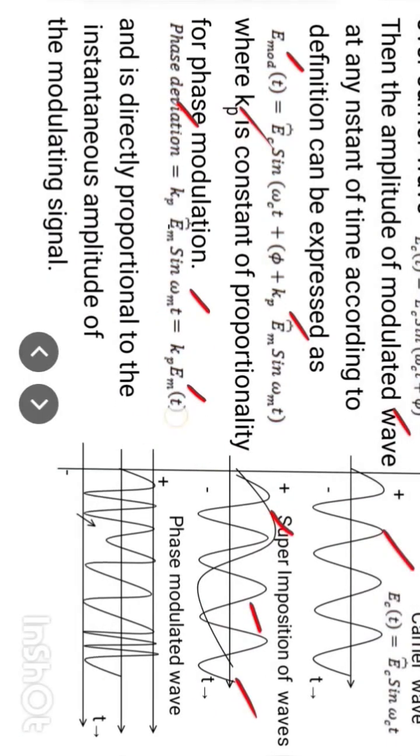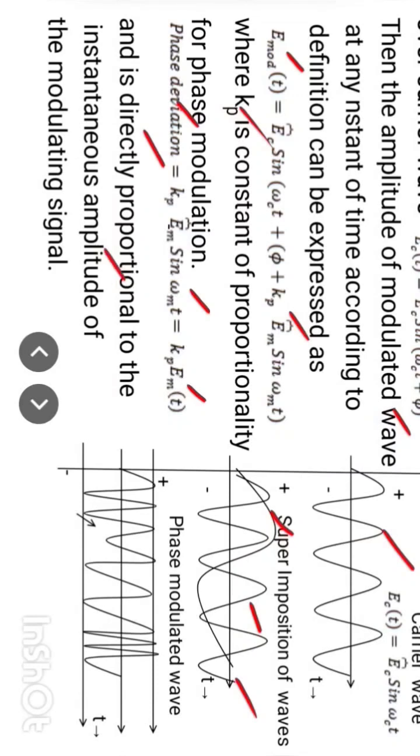Now from this expression of phase deviation which is equal to Kp Em(t), it shows that phase deviation is directly proportional to the instantaneous amplitude of the modulating signal.